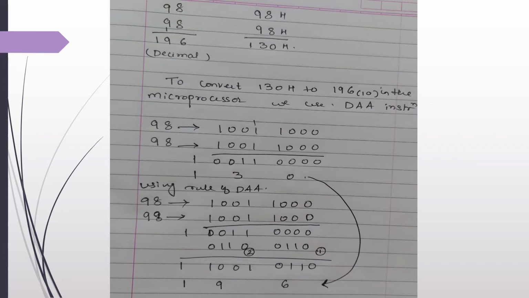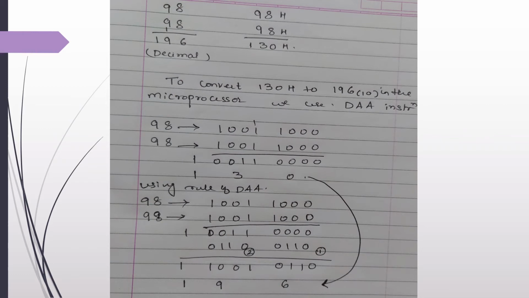Okay, in this example, 1000 added to 1000, the result is 0000, but it has generated an auxiliary carry, so we are adding 0. Coming to the higher nibble, you are adding 9 to 9, which is 0011 with 1 carry generated.